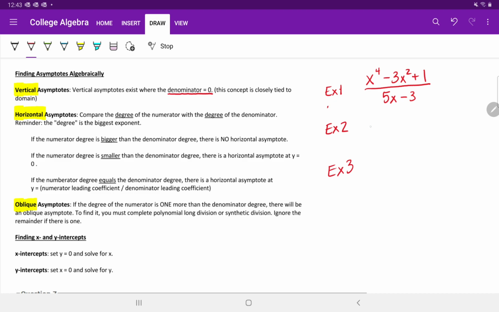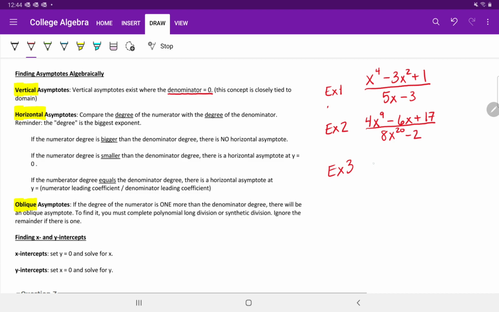In example 2, I'm just going to write 4x to the 9th minus 6x plus 17 over 8x to the 20th minus 2.